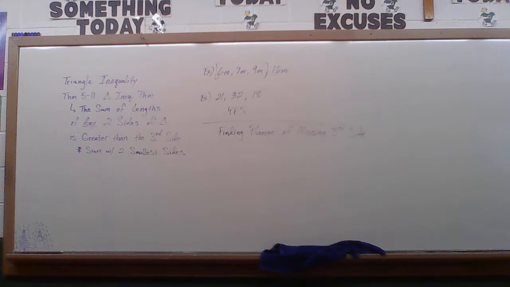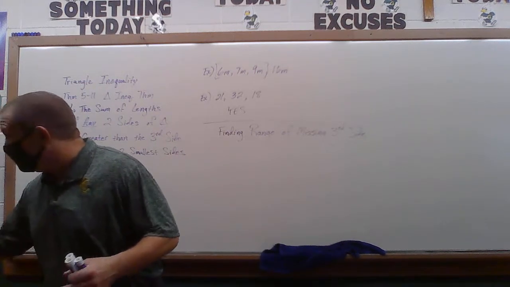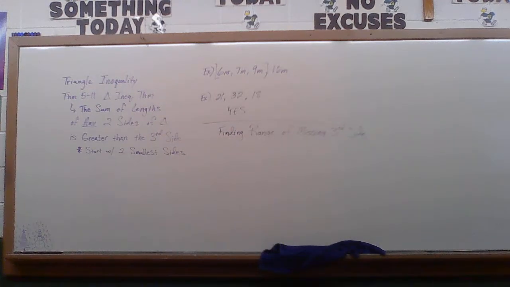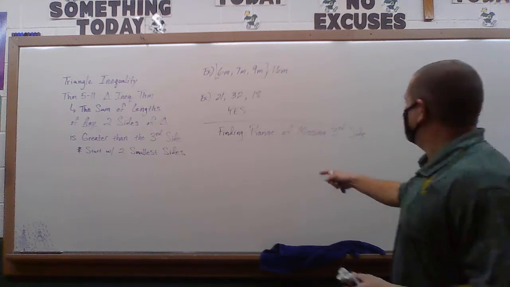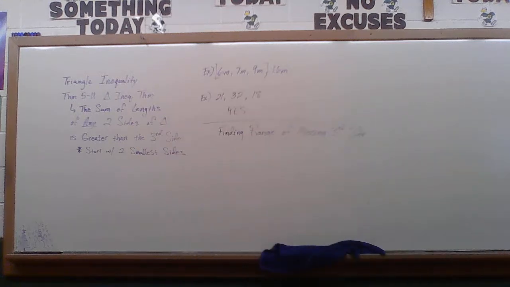What's that mean? It's the distance between the numbers that we could include that would work. Right? That's the range. So we're looking for a third side that would work in our triangle, but we could have multiple answers. Alright? So the biggest number and the smallest number is usually what they say the range is.